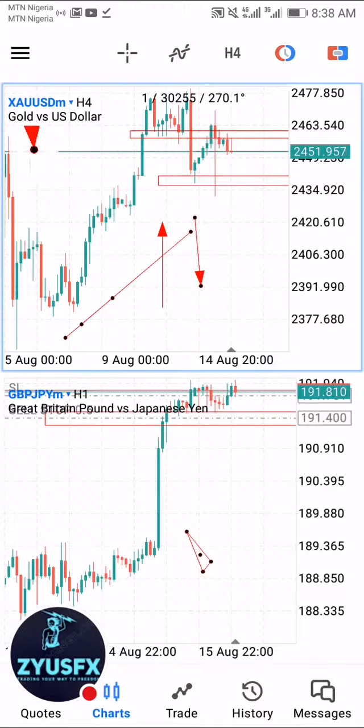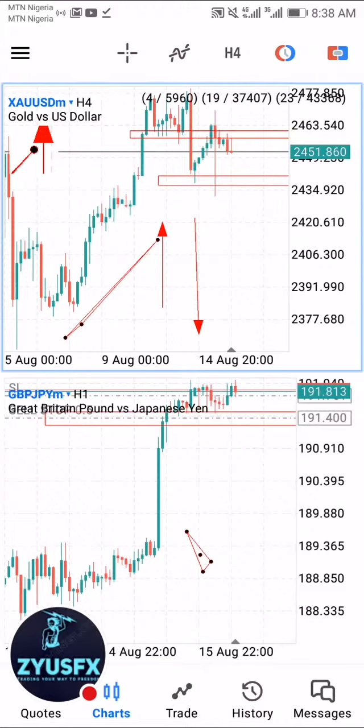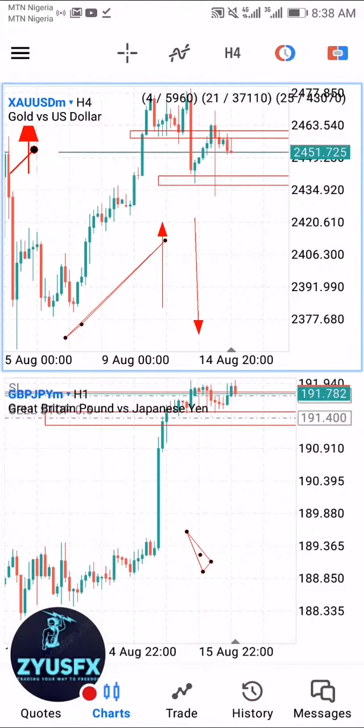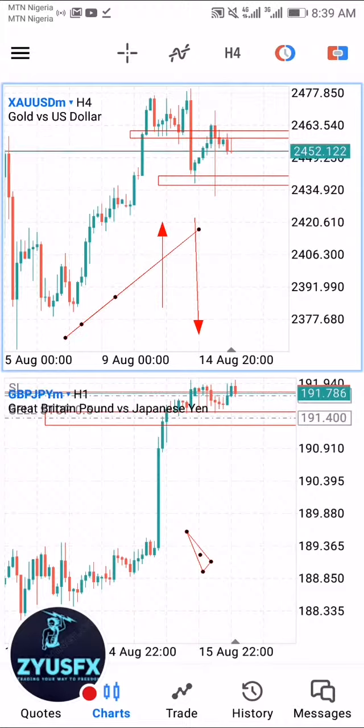Maybe the trend has now changed to sells. Let's say the first trade I took was a buy at this level. Price was pushing up. I took the buy and I got stopped out because the trend was changing to sells. Price was now moving down. I was supposed to sell at this level, but I bought, so I lost the trade. So I was still thinking, okay, price is still going to go up.